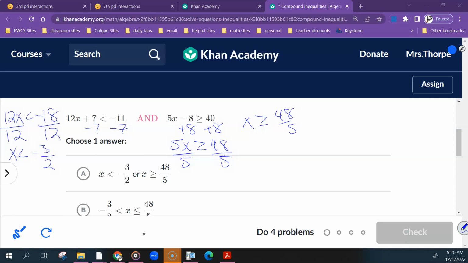If you need to figure out what those are as decimals, so it's easier to make a number line, you're going to make a makeshift number line off to the side. All right, so negative 3 over 2 is negative 1.5. 48 over 5 is 9.6.